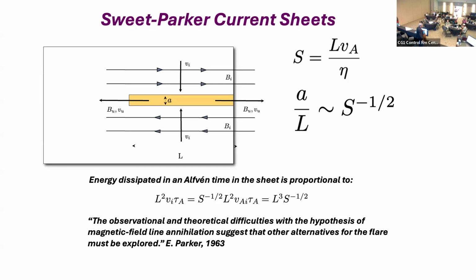So let's come back to Sweet-Parker. Over the past, I would say, 40 years, to be honest, there's been a change, of course, in the triggering of magnetic reconnection. So first of all, why is Sweet-Parker called Sweet-Parker at all? The reason is that Parker was at a meeting where Sweet showed a model of steady-state reconnection.